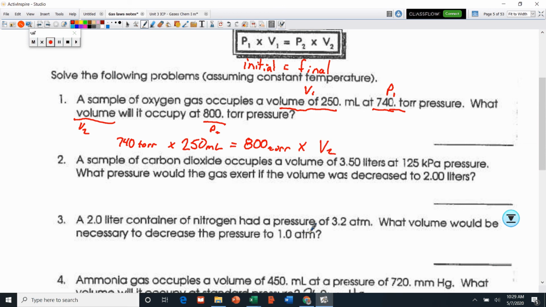To get my solution, I'm simply going to take these two, multiply them, and then divide by 800, because I need to get rid of 800. That will get rid of torr, leaving my only units as milliliters.